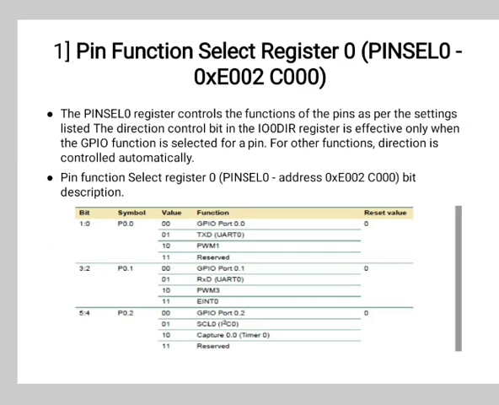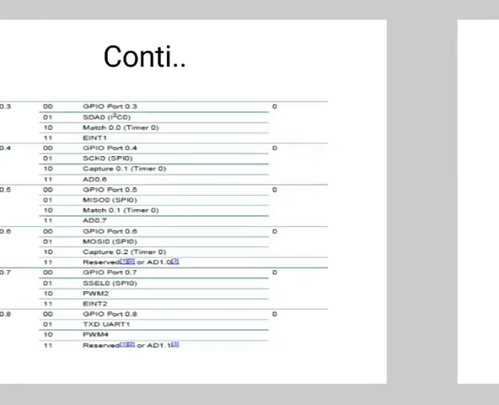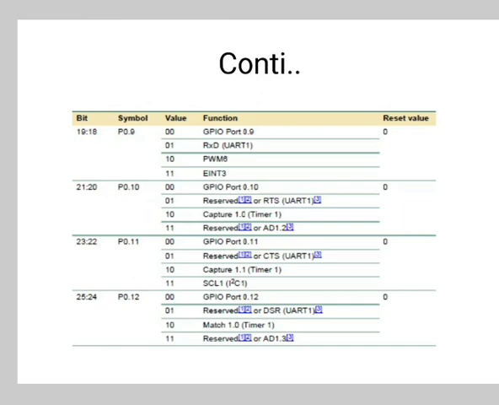It consists of bits from 0, 1, 2, 3, 4, 5, 6, 7, 8, 9, 10, 11, 12, 13, 14, 15, 16, 17, 18, 19, 20, 21 up to 30, 31.